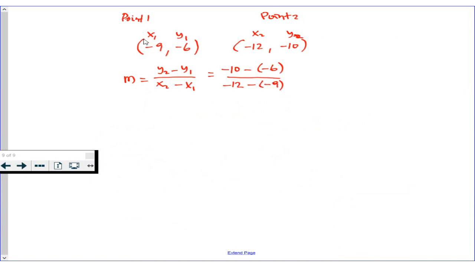So this changes into addition. So -10 plus 6, over -12 plus 9. -10 plus 6 is -4. -12 plus 9 is -3. So it is 4 over 3. Okay, just plug in numbers.